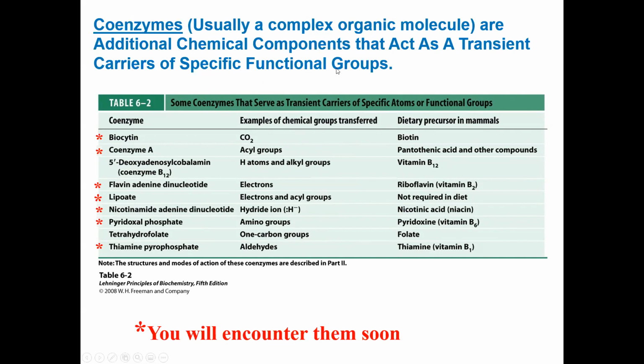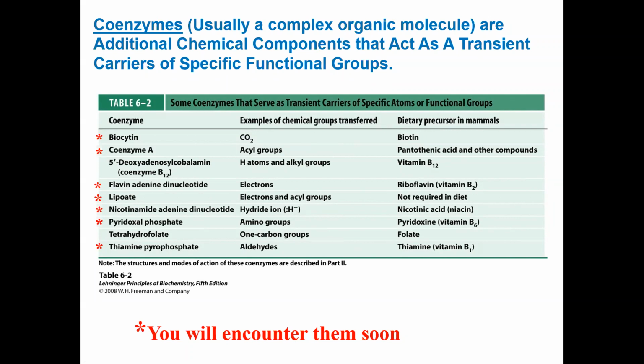So what do I mean by that? Remember I showed you the molecular structure of biotin in the earlier class? Yeah, so these are complex organic molecules like, for example, biotin, and they are utilized for doing the type of chemistry where a functional group has to be transferred from one place to the other, one protein to another protein.